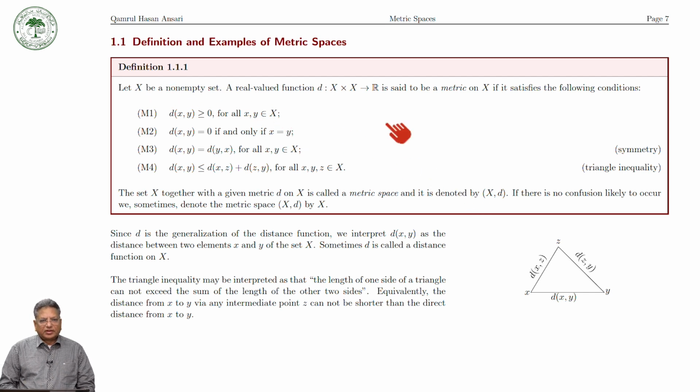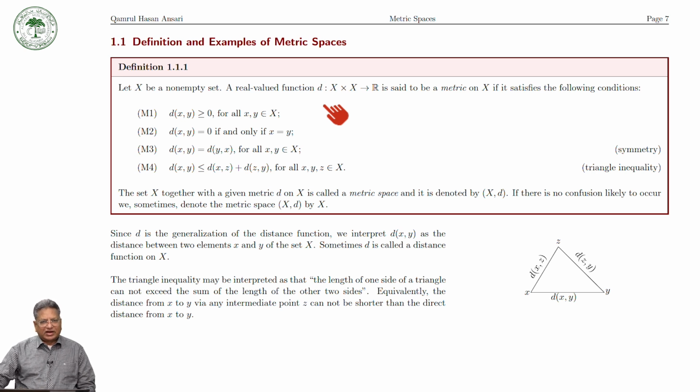That is, we used the fundamental rules of distance and then we defined a function d on a non-empty set X cross X to R which satisfies these four fundamental properties, and then we say that d is a metric on this set. So with respect to this metric, by using this rule, we can calculate the distance between any two elements in a set.